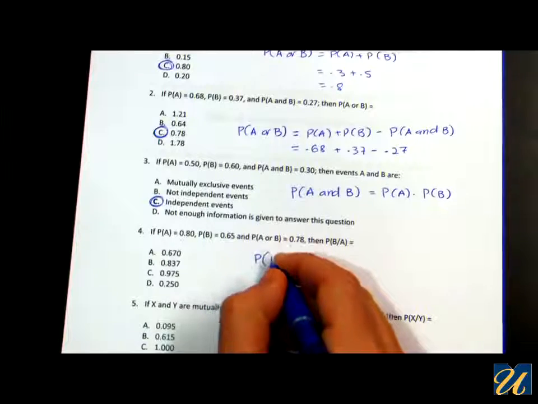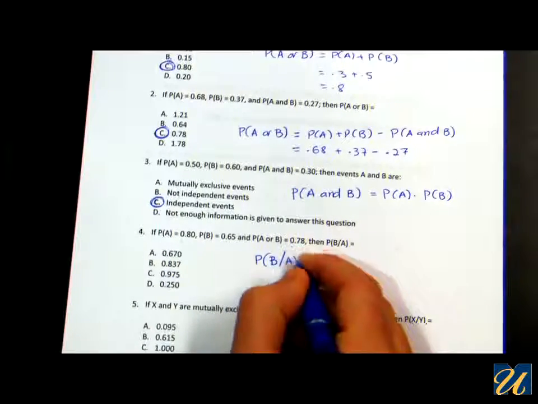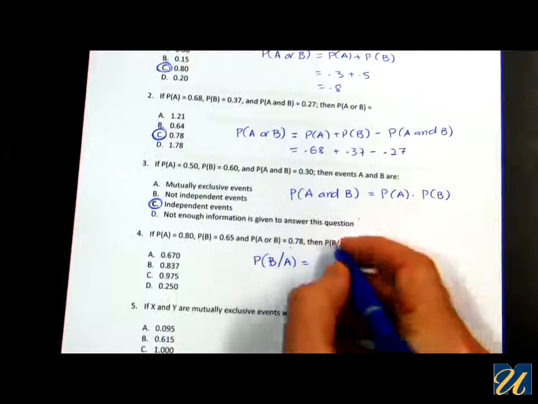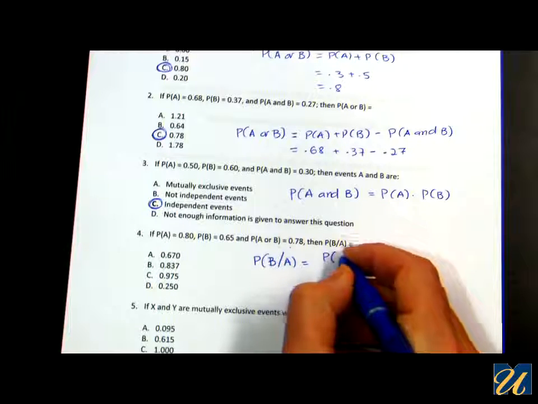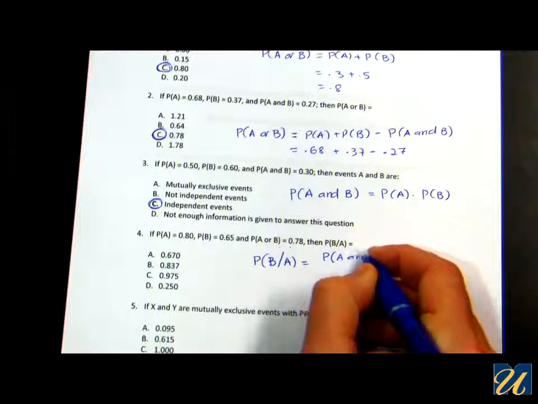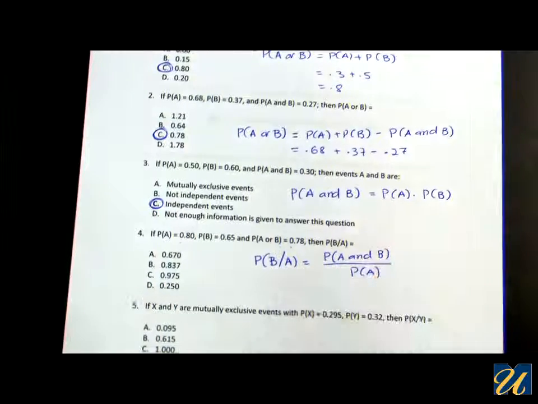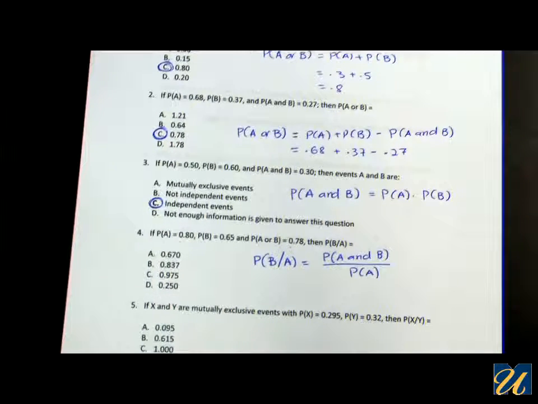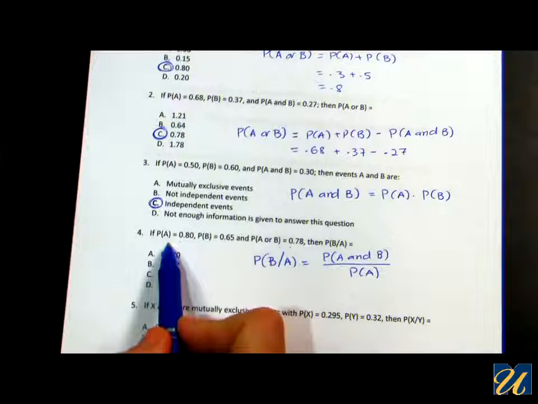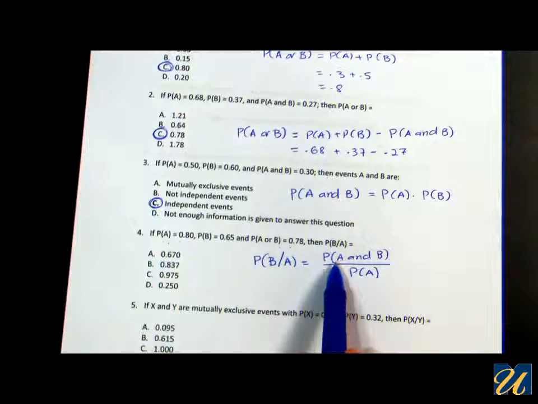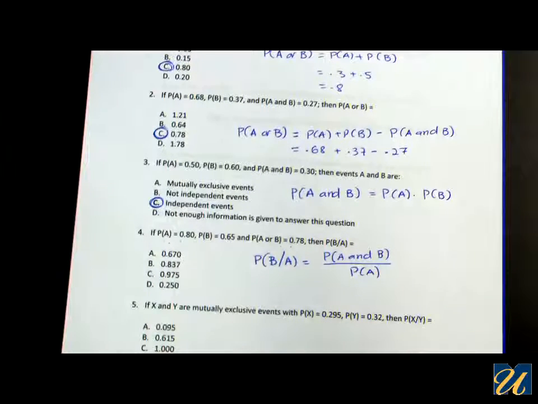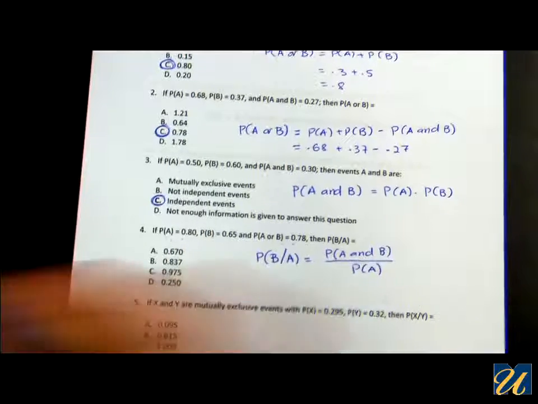I'm looking for the probability of B given A. This will be equal to the probability of A and B over the probability of A. So let's see what we have. We have the probability of A, but we do not have the probability of A and B. So this is something that we will need to find. Where am I going to find it from?